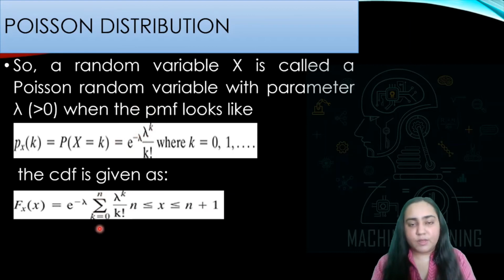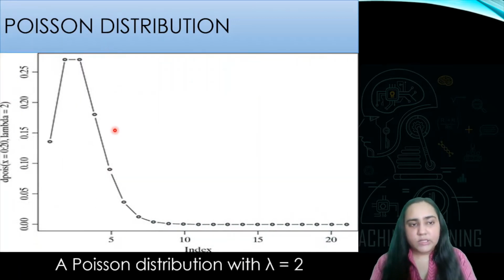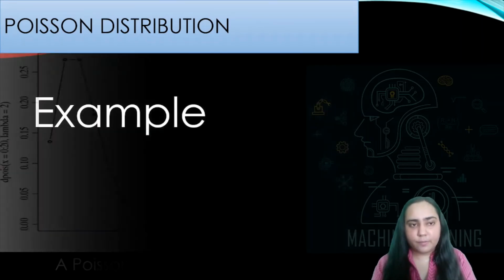But if you're asked the probability of a maximum of 5 returns, you will use this because you have to do the summation. Here is a graph depicting what a Poisson distribution looks like with lambda equal to 2. It's not actually a histogram, it's more of a scatter plot where all the dots are connected.